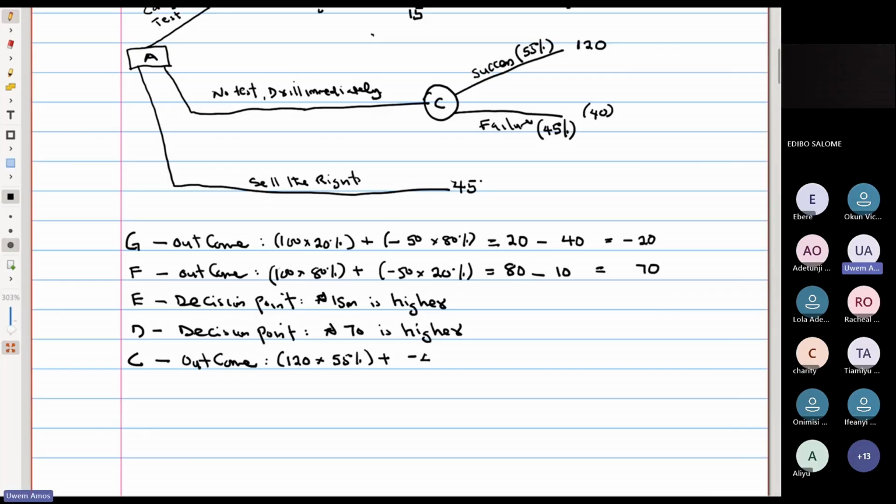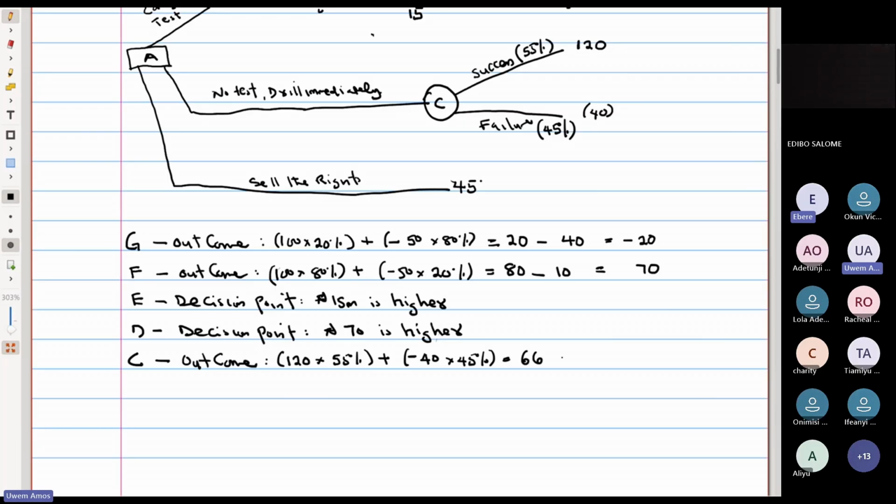Minus 40. So that changes our plus to minus. So that's a minus 40 is 45%. Okay. So 120 multiplied by 0.55 gives us 66.